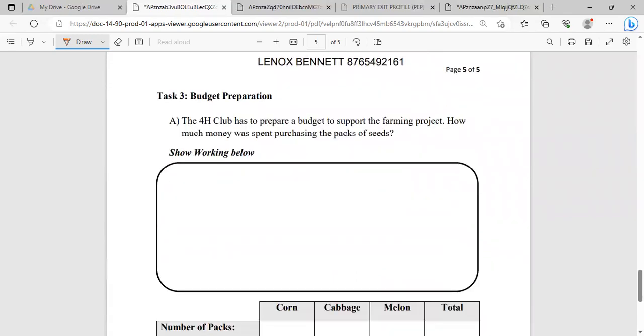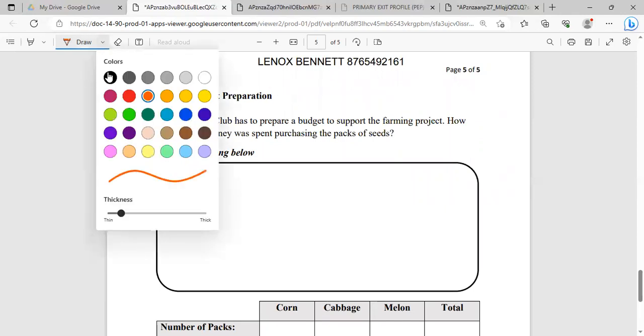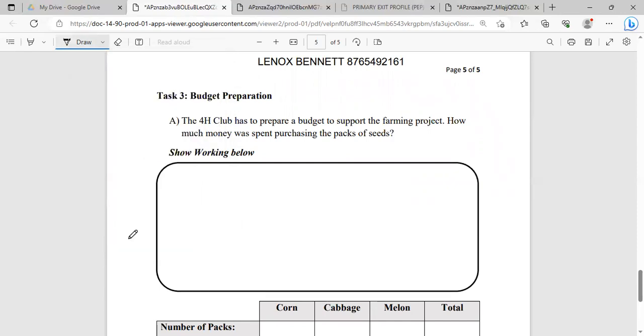It says the 4-H club has to prepare a budget to support the farming project. How much money was spent purchasing the packs of seeds? So let us recall the prices, and we could go back up here and get them. So first we had the corn, I think we had cabbage, and the other one was a melon.